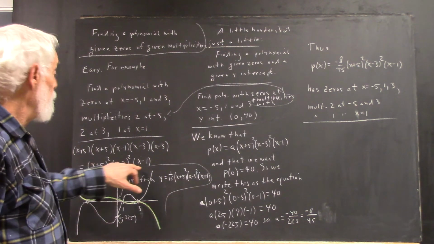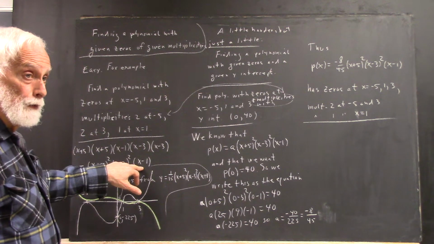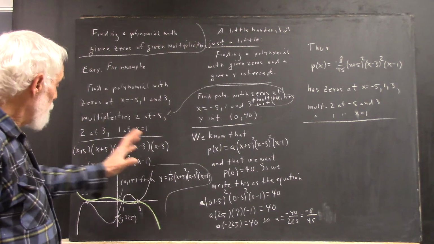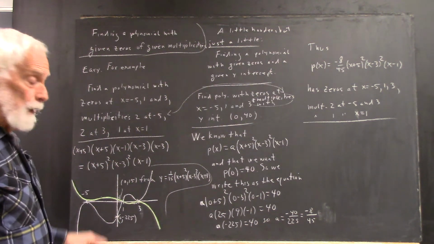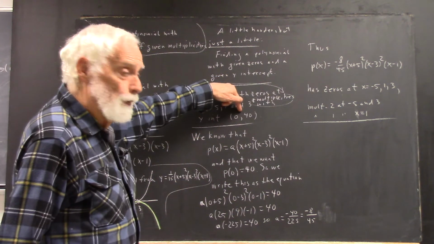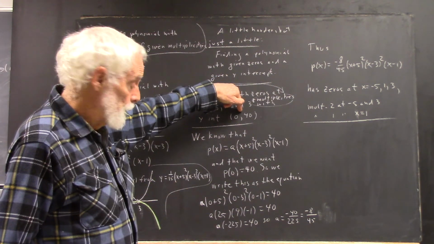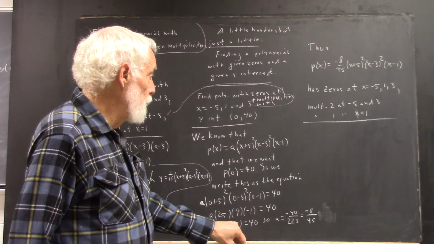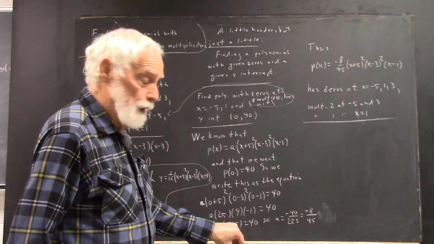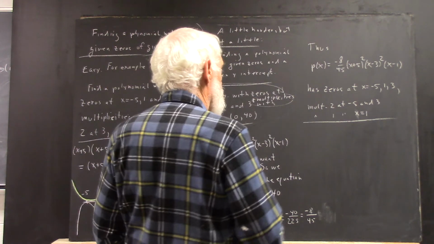It has to be this in order to get the zeros, but you're going to have to multiply it all by something in order to match it up with a given point or a given y-intercept. And notice we could also do this with a given point, okay? So let's do that.